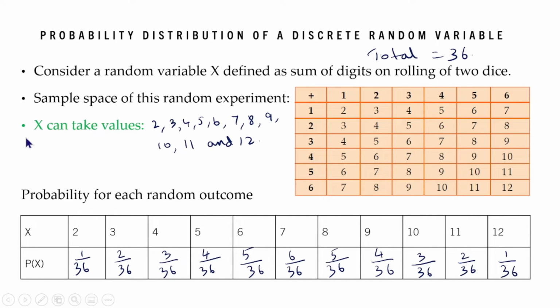So, we can say x is a discrete random variable. So, the probability distribution of a discrete random variable is represented in this form. It is a table which shows the values which the random variable takes and the associated probability for each value. This is called the probability distribution of a discrete random variable.